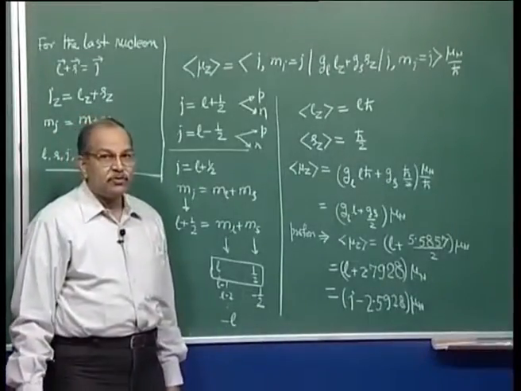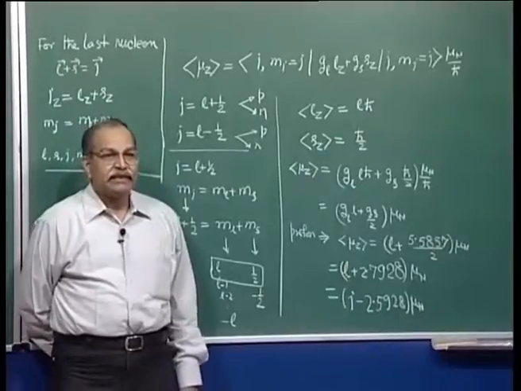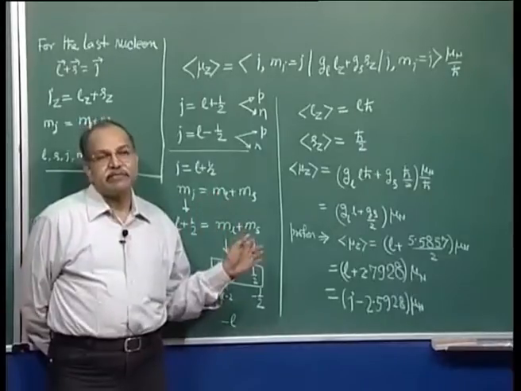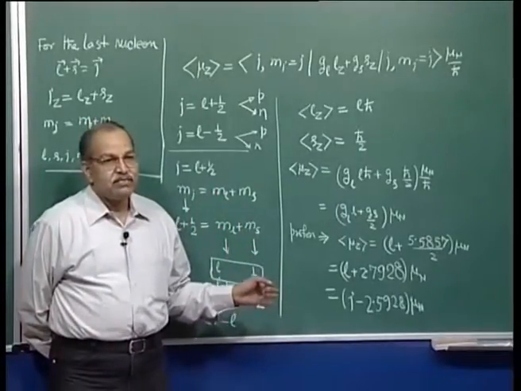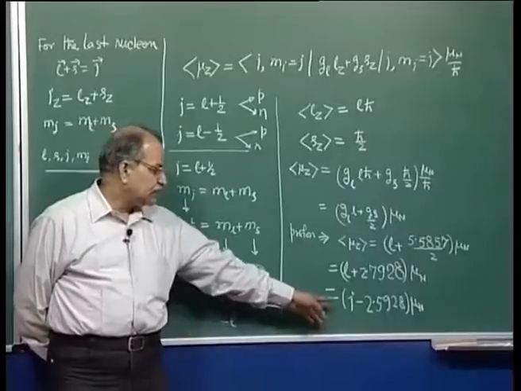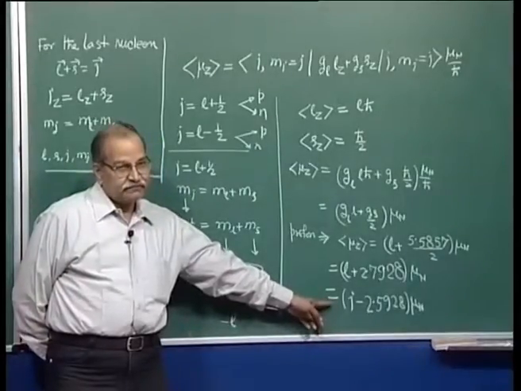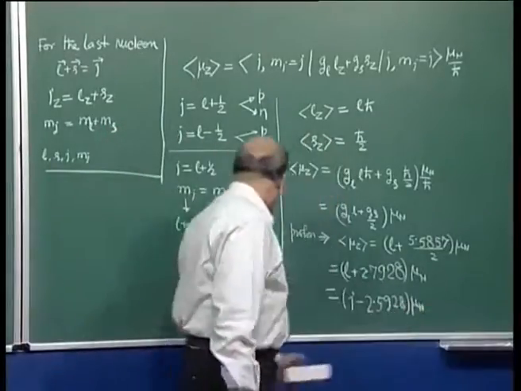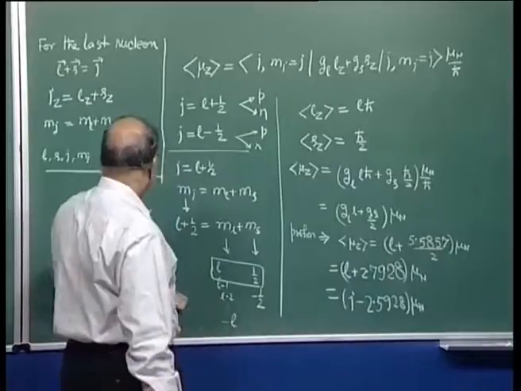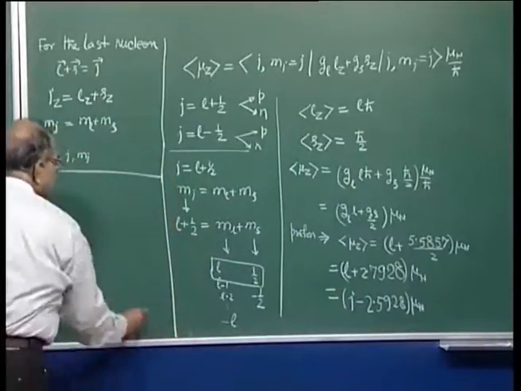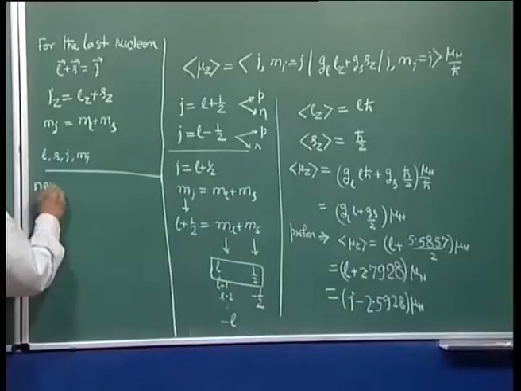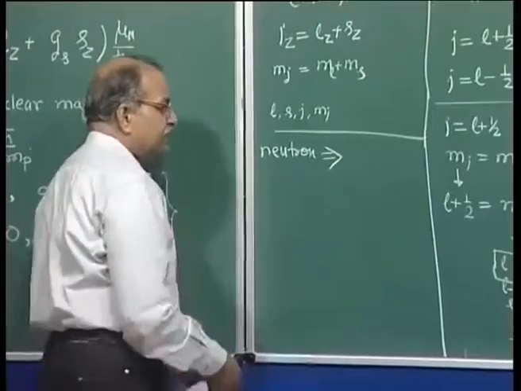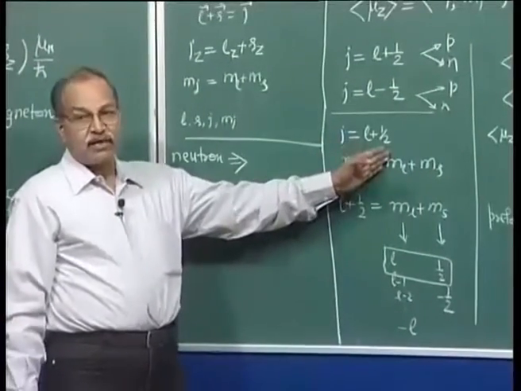So, if the last nucleon happens to be a proton in this odd A nucleus, according to this extreme single particle shell model, the magnetic moment should be given by this expression. And if the last nucleon happens to be a neutron, let me write it here, and we are still discussing the same case, J is equal to L plus half.